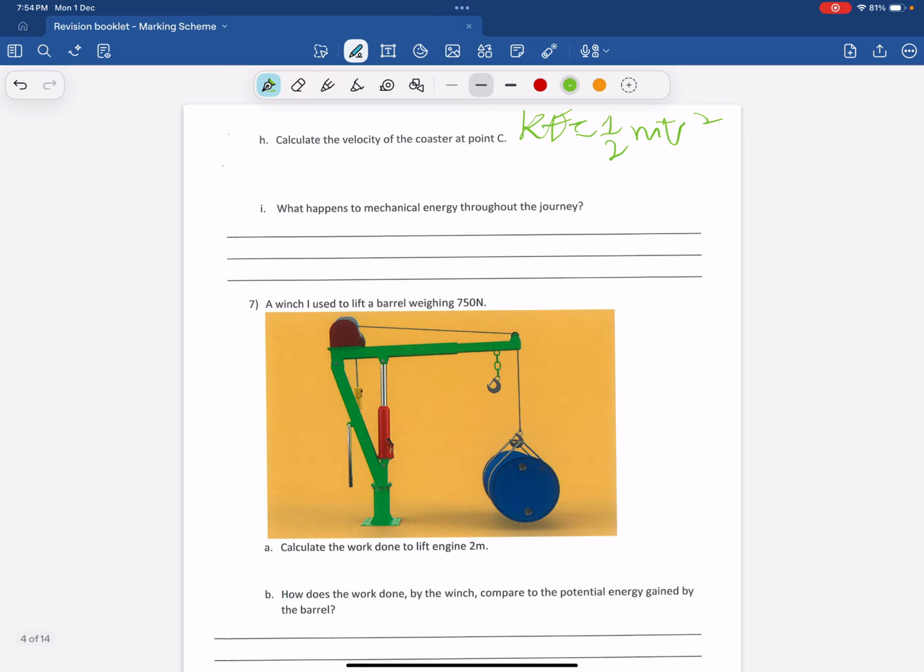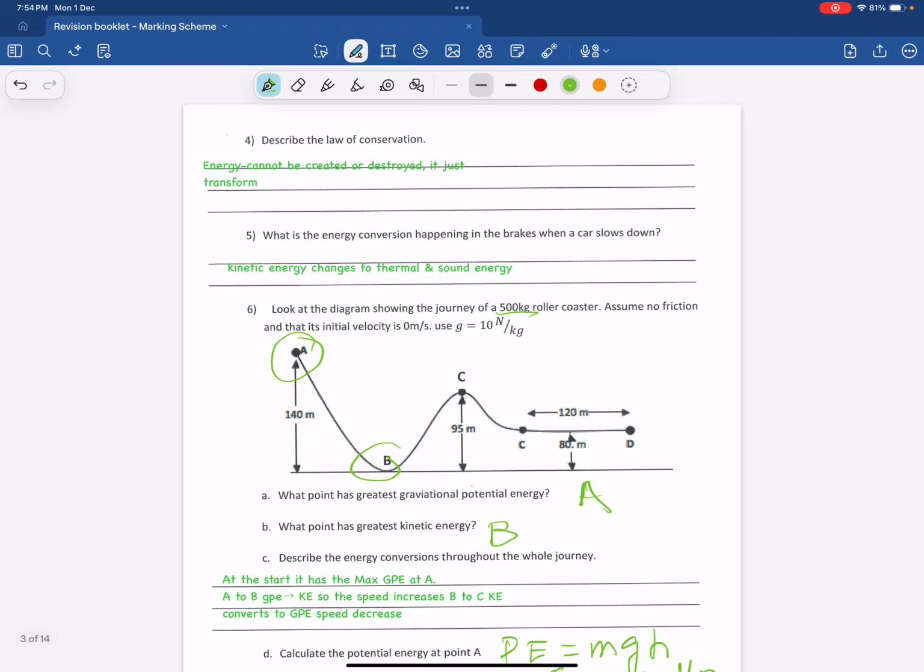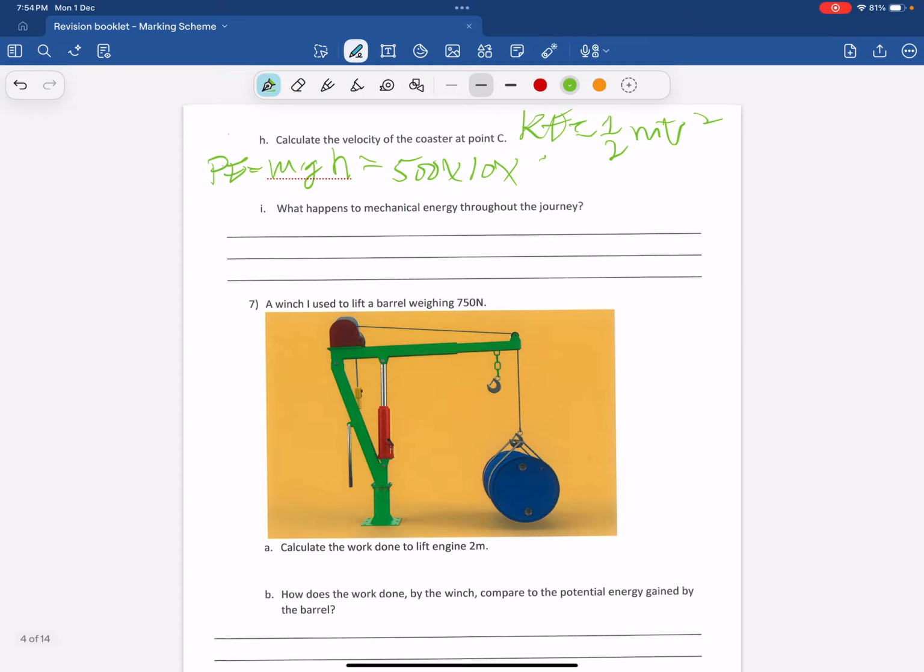So if I find the potential energy here, which is equal to mgh, mass we have the same, 500, gravity 10, and height, let's have a look, it is 95. So that gives 475,000 joules. But that's my potential energy.